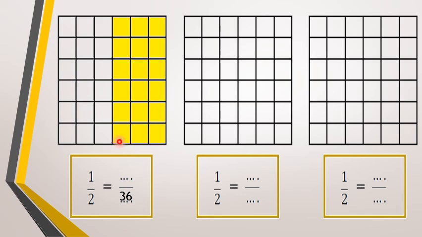How many did I color? I'll multiply the number of rows by the number of columns. 1, 2, 3 by 1, 2, 3, 4, 5, 6. So 3 by 6 will be 18. So it's 18/36. Okay, 18 out of 36.